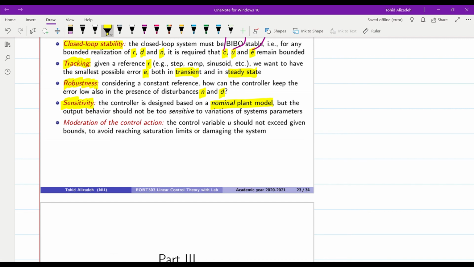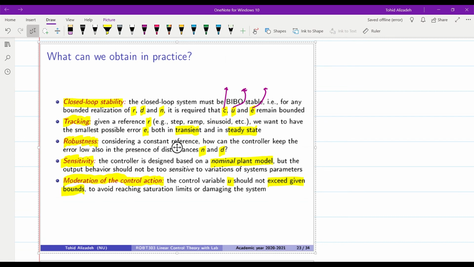Later we'll discuss this in more detail, but for now we can consider that some parameters of the model might be different in the model and in the actual plant, and we want our system to be as insensitive as possible to that. The next fact is regarding moderation of the control action. The control variable U shouldn't exceed given bounds, otherwise it will damage our system. So these are the things that we are looking for in practice, and we will see how to deal with them in designing the controllers later.